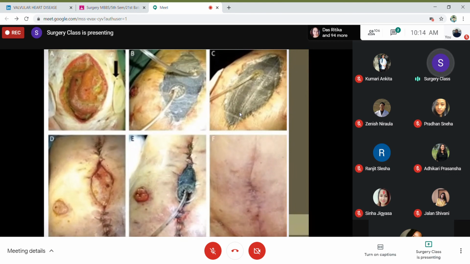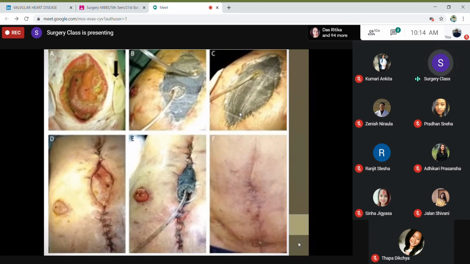So you can see the various types of fistula and the various types of vacuum assisted closure dressing that have been applied. You can see the two pipes going through the plastic coverage, which is also known as a vacuum assisted dressing. It is specialized equipment, not only made of plastic, but many other things are used. So you can see how the fistula wound, the big wound initially, is healing one after another.